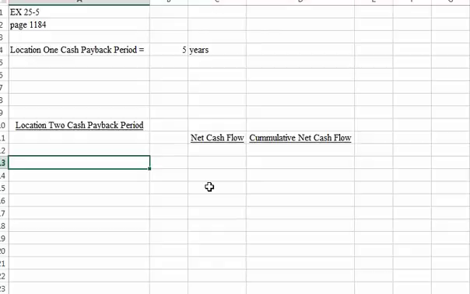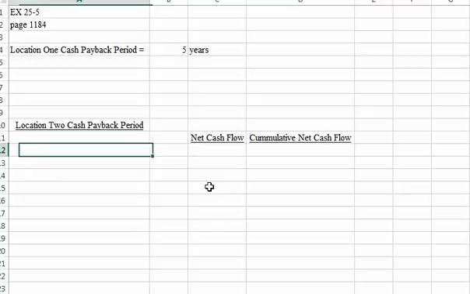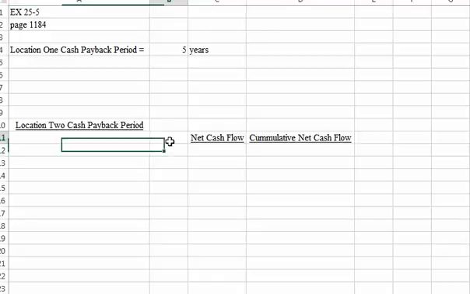Now, location 2, we have unequal annual net cash flows. So I set up 2 columns here, net cash flow and then cumulative net cash flow. Let's also put here year.